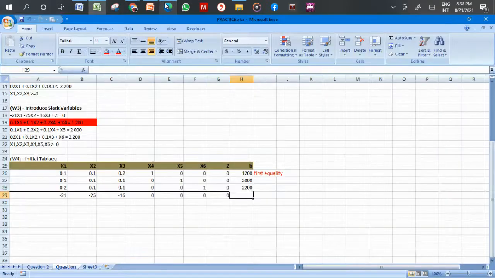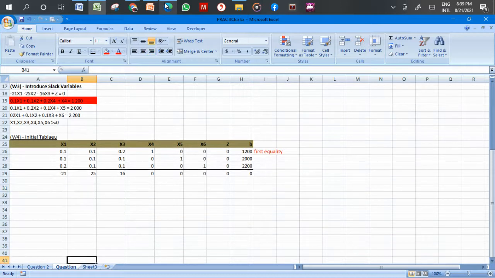We calculated it to be 0, so these are zeros. Okay, so this is our initial table. When we have our initial table, we can go on and do our simplex calculations, and we interpret the final result.